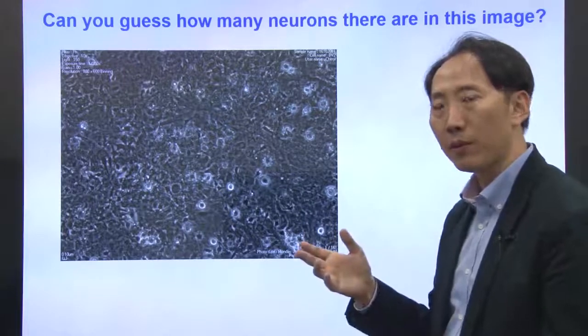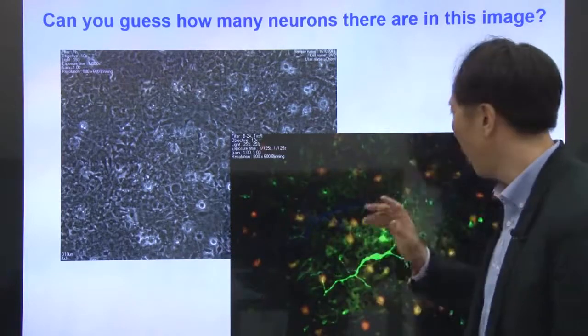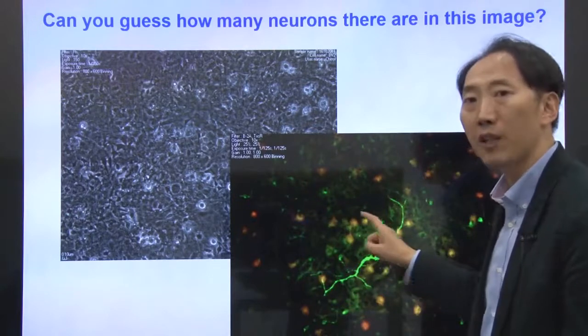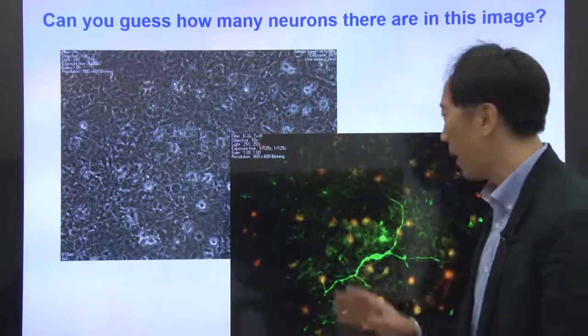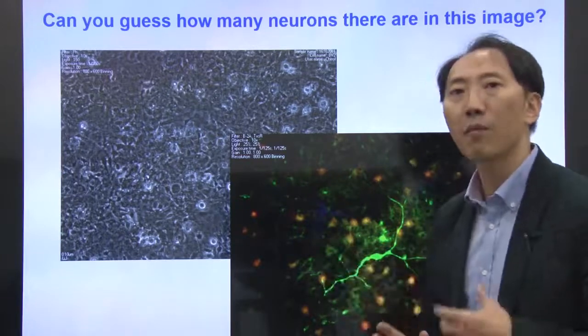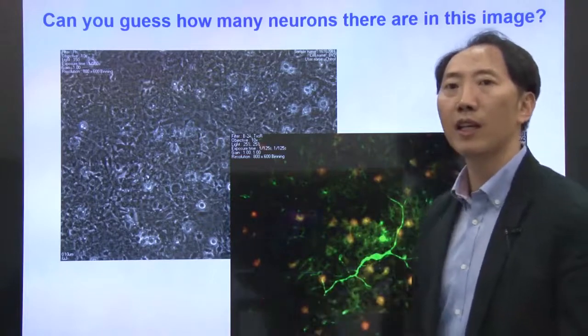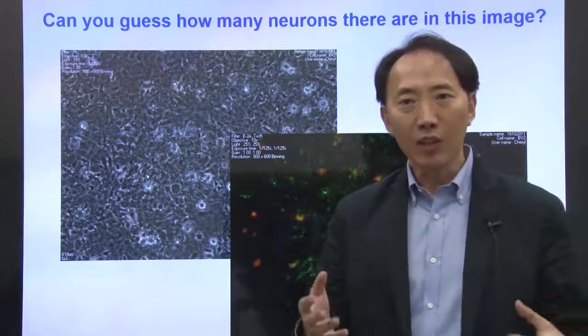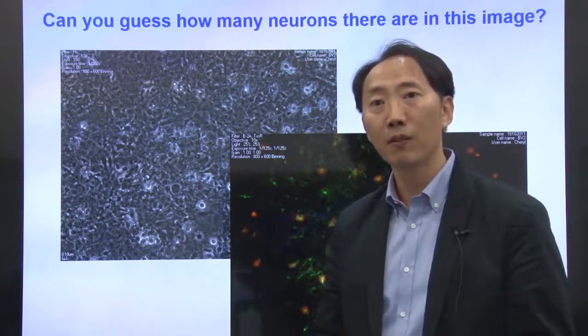In this case, we found two other kinds of probes. One is for macrophage, microglia in the brain, and the other one is for neurons. Microglia are very fast moving, so that can be very useful, but neurons move very slowly. That's why monitoring the motion of those neuronal cells has been very difficult.